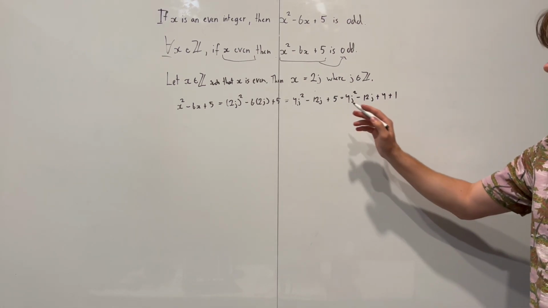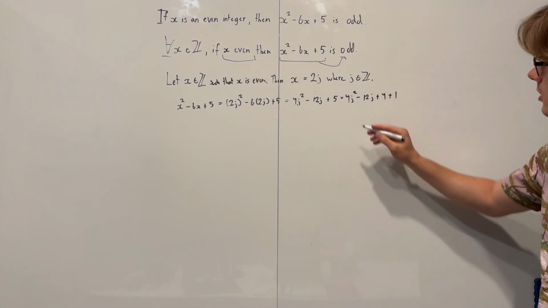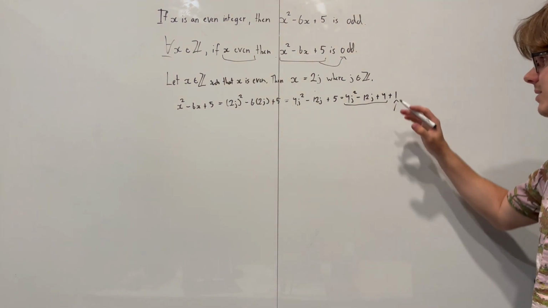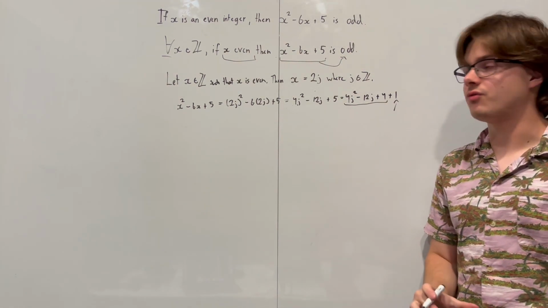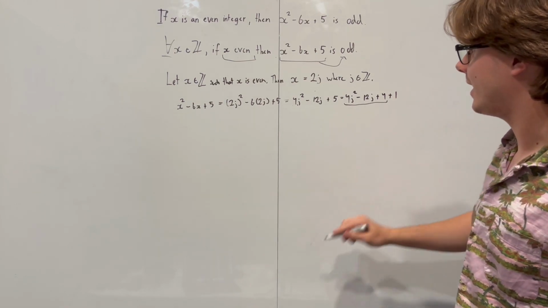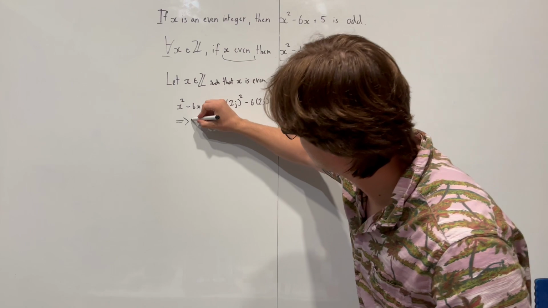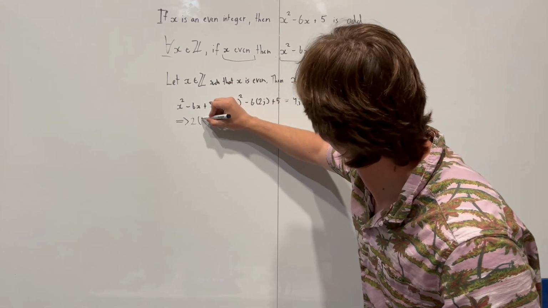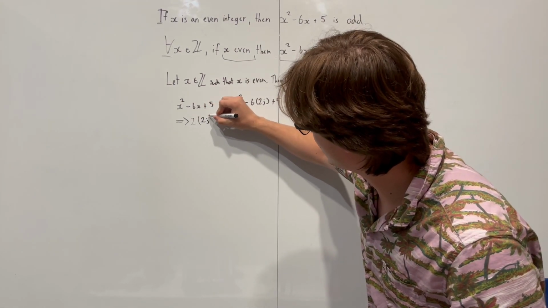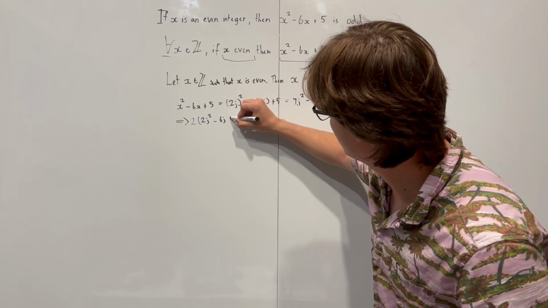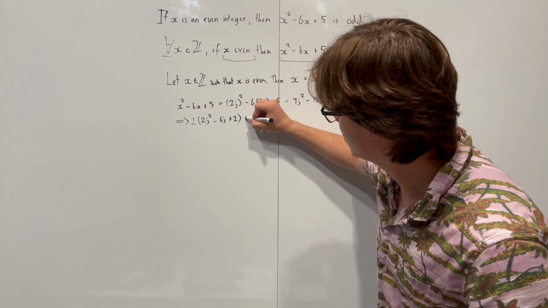Right, this is the same as 5. But now what I can do is I can factor out 2 here and still have a 1 at the end to make it look exactly like our definition for an odd number. So what we're going to end up getting down here is going to be 2(2j squared minus 6j plus 2) plus 1.